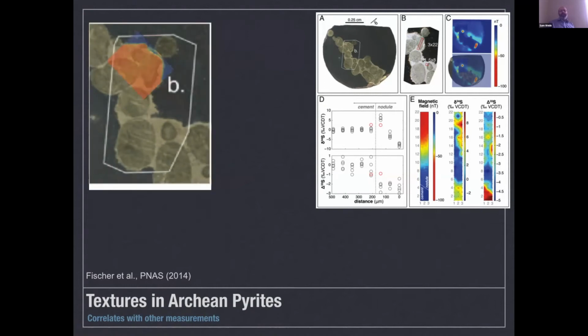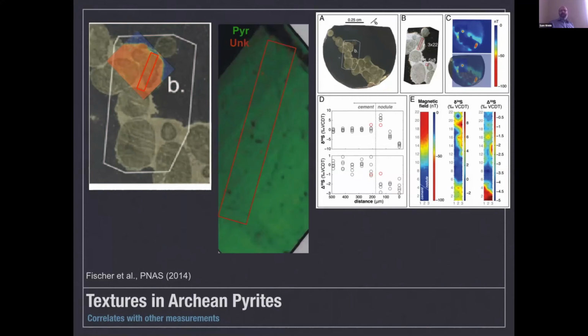If you look at a sulfur composition map overlaid here, you can see that pyrite is full of sulfur, as we might expect. If we take that same region here that is in the paper with the isotopes and the magnetics, we can see that again, it's mostly pyrite, and yet there are these little, again, unknown inclusion spots in those areas as well.